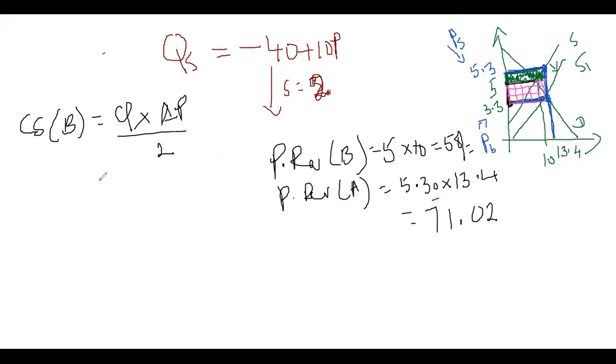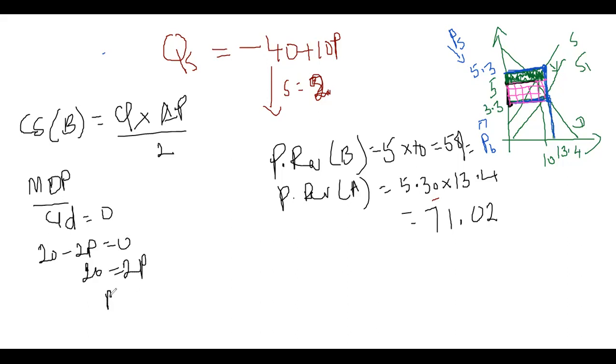To find the consumer surplus, you need the maximum demand price. To find the maximum demand price, we use QD equals 0. So 20 minus 2P is equal to 0. So 20 is equal to 2P. So price equals 10 here. So 10 is the maximum demand price.